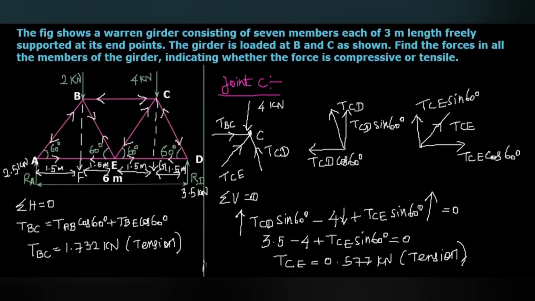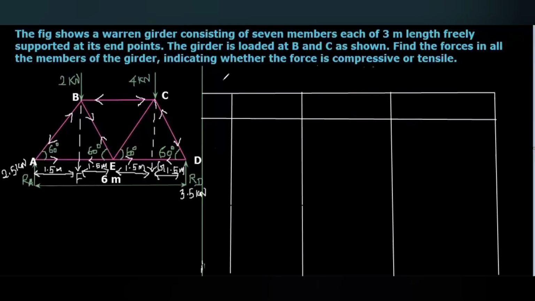So now the forces in all the members we calculated. Okay. As of now, we completed the numerical. That means we found all the values, that means the forces in all the members. Now finally, we are going to tabulate the results. Okay. That is, I am going to draw the force table.